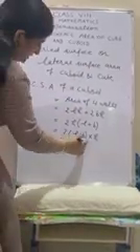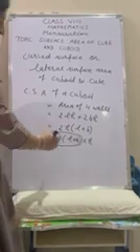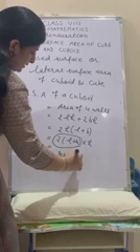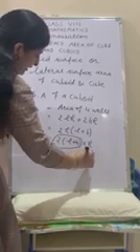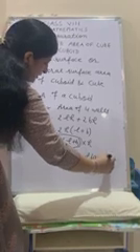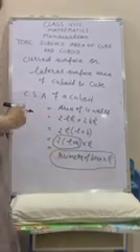And what is this 2 times L plus B? It is the perimeter of the base. Perimeter of base multiplied by H. It is the formula for curved surface area of each figure.